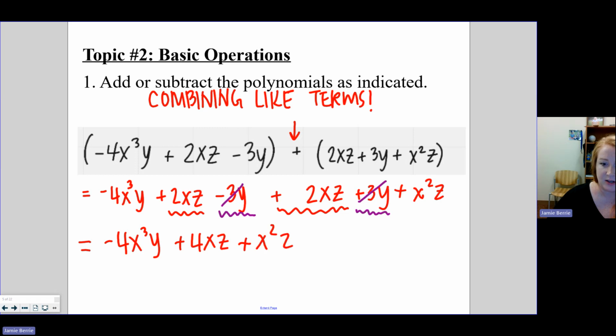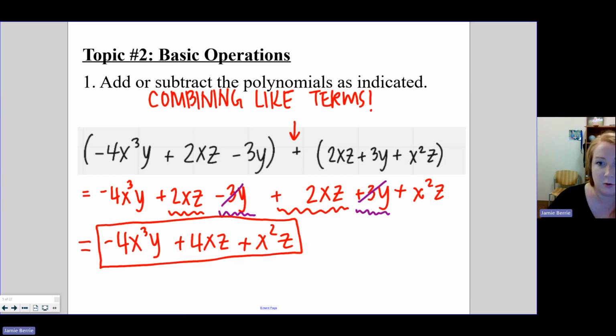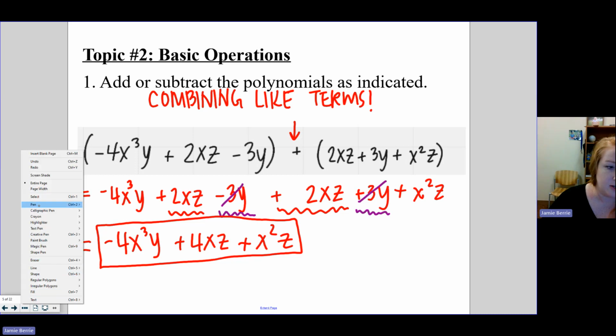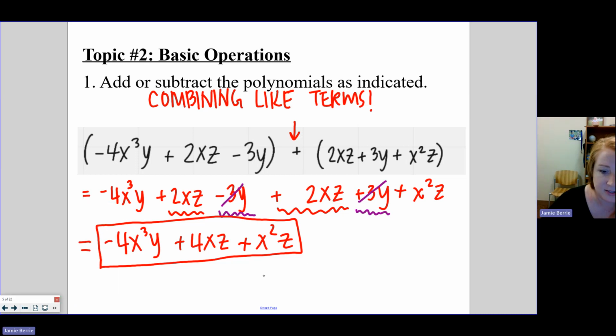X squared z. Now, this is not in simplest form, but they did not ask us to simplify, so we're not worried about that. All they asked us to do was to add or subtract the polynomial as indicated. All right, so let's put a little note here. This is not simplified. This is not simplest form.